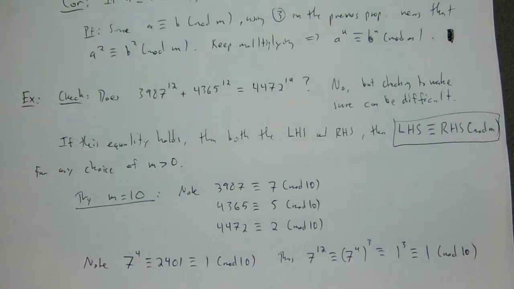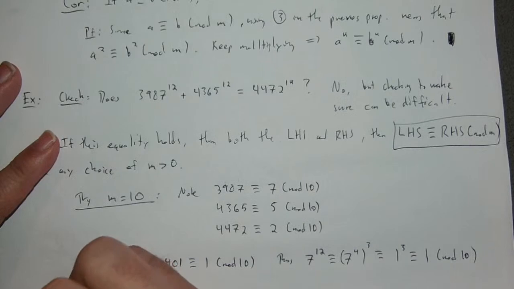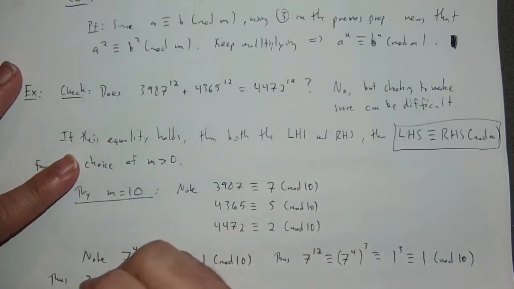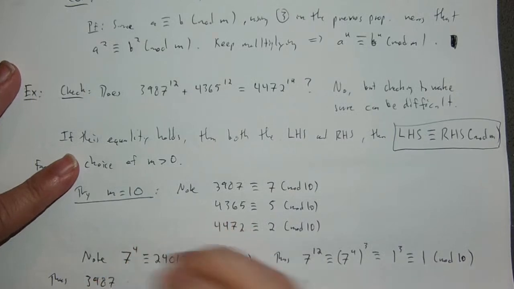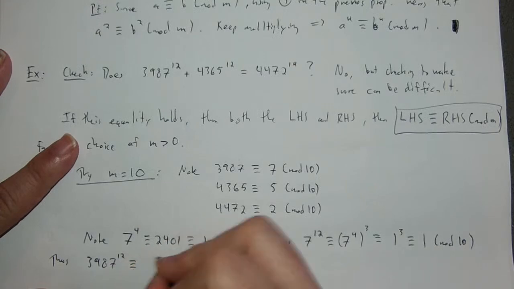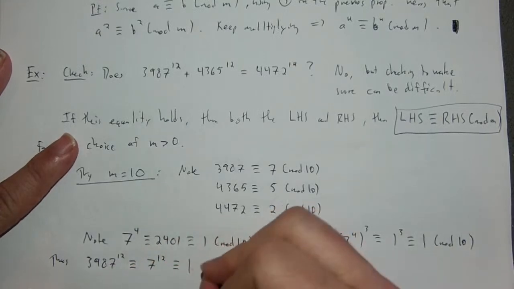So thus, 3,987 to the 12th is congruent to 7 to the 12th, which is congruent to 1 mod 10.